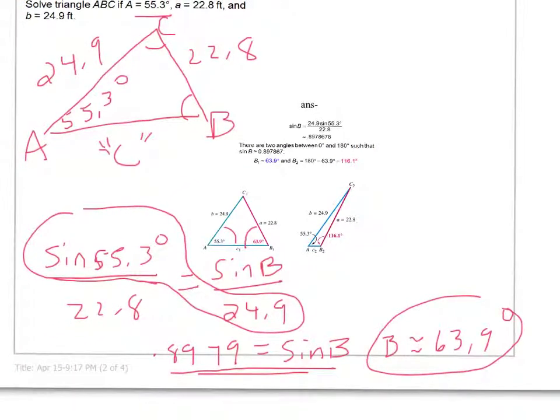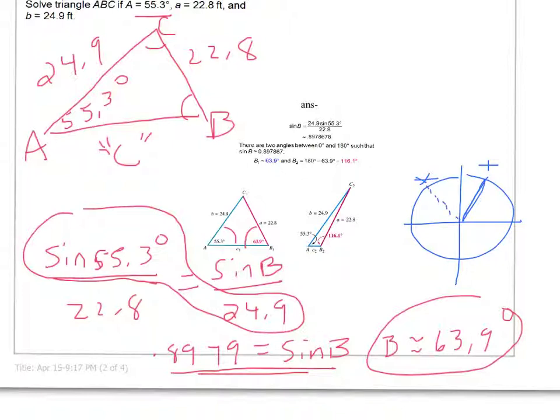Right at that moment, when you had hit inverse sine of 0.89, what you could do is think in your mind about the unit circle. 0.89 is positive, right? 63.9 degrees, basically if sine is positive here, but where else is sine positive? Aha, over here, right? So you have to think about what angle that would be. So if you took 180 minus 63.9, you'd get 116.1.